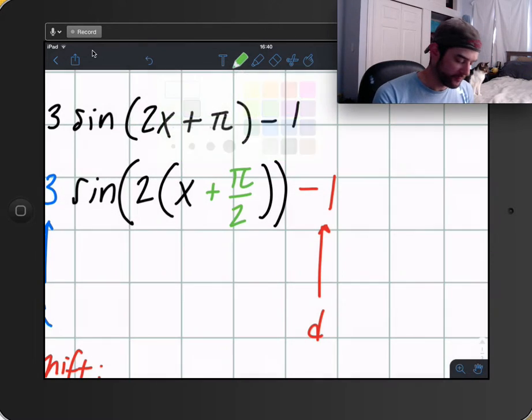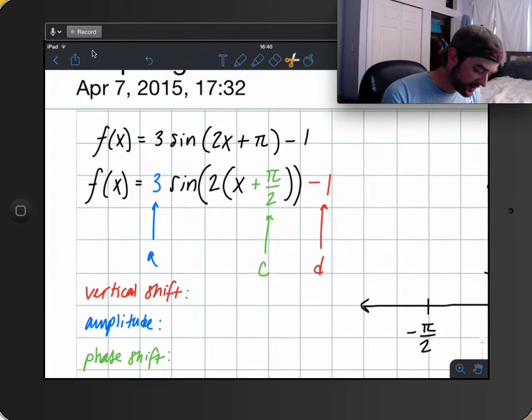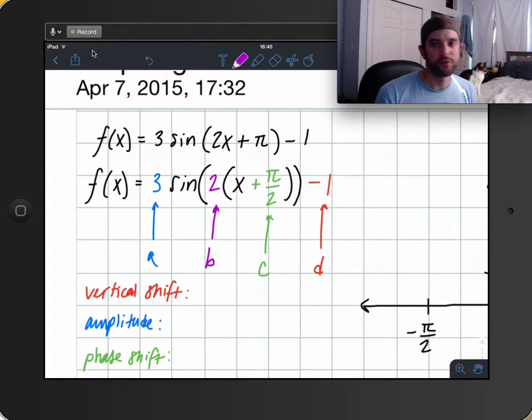I took the plus with it for a reason. We're going to label that C. And finally, the number that affects the period is 2, and we're going to label that B. Generally these are labeled so it's A, B, C, D, so they're easy to remember.